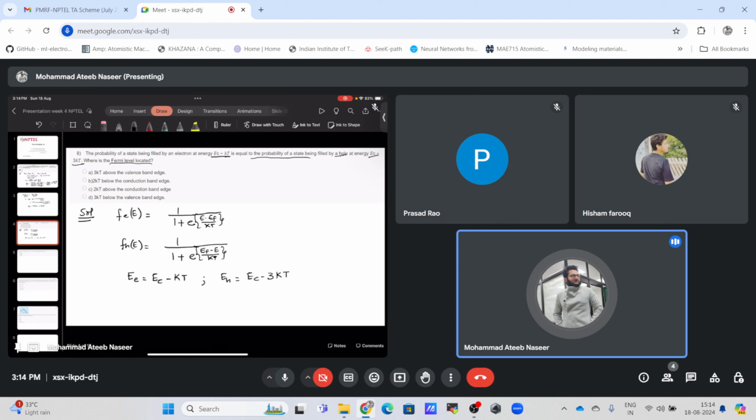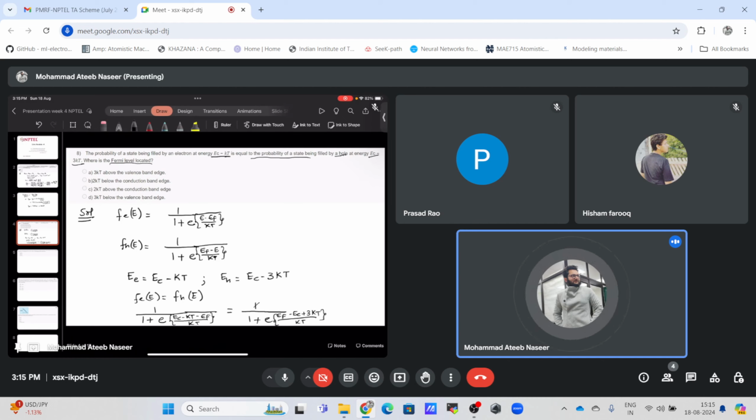So we will equate these probabilities of states being occupied, and it will give us simply 1 plus exponential of, for the electron, EC minus kT minus EF by kT, is equal to 1 divided by exponential of EF minus EC plus 3kT by kT.